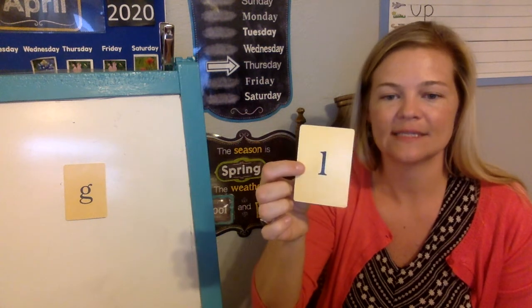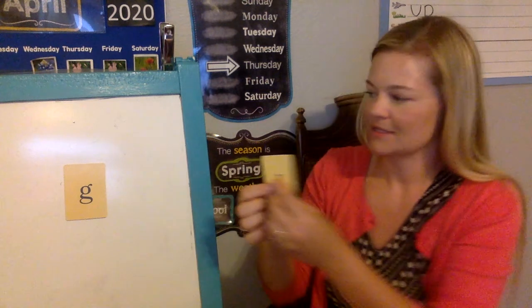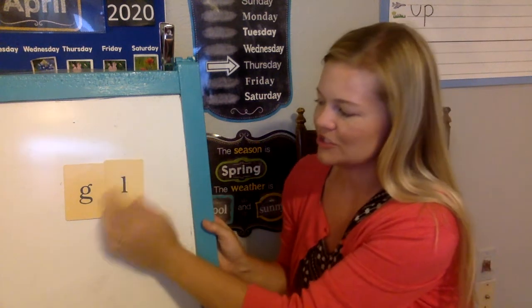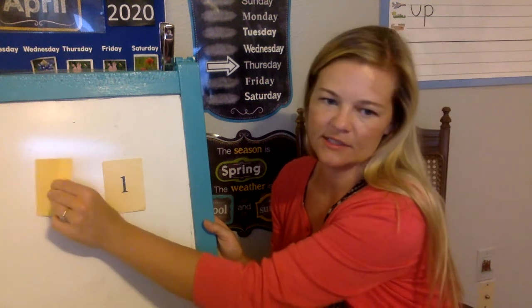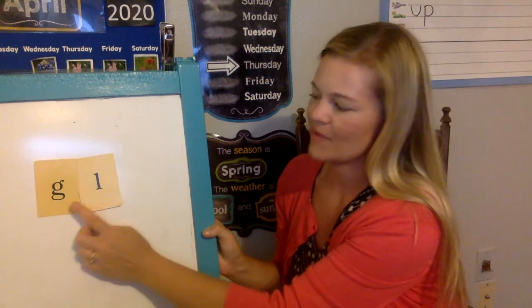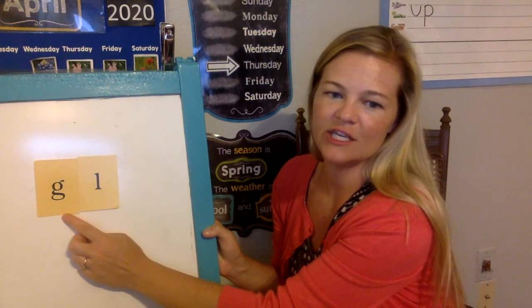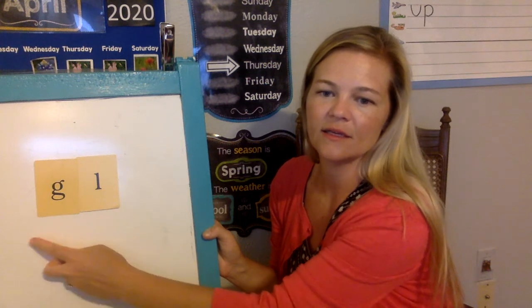Next letter I want you to find is the letter L. Now find the letter L. L makes a L sound, like lamp. So far we have a G and an L. Move it over just a little bit. So your magnet tile board should have a G and an L in the rectangle. G, L, gl.